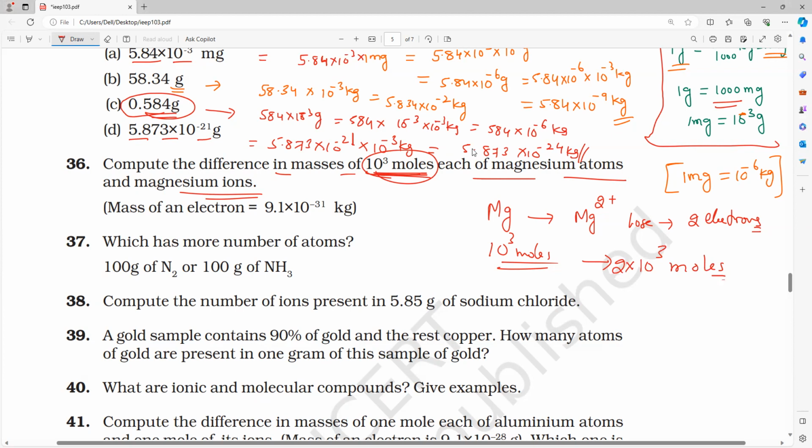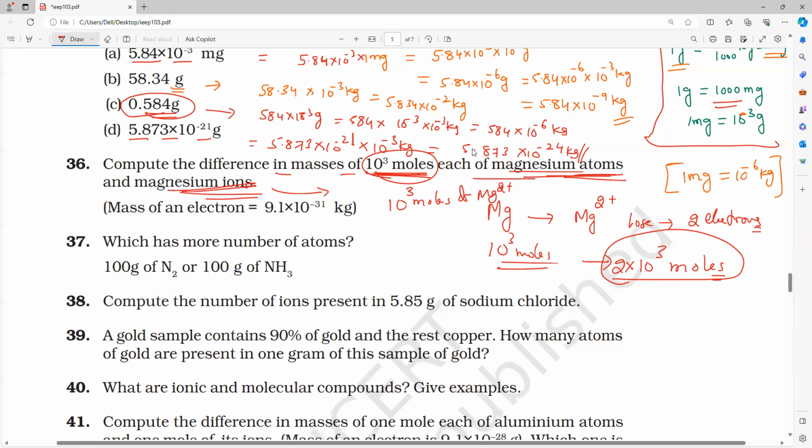Am I right or wrong? 2 into 10 power 3 moles of electrons will come out. And how many magnesium ions will come? 10 power 3 moles of magnesium ions.